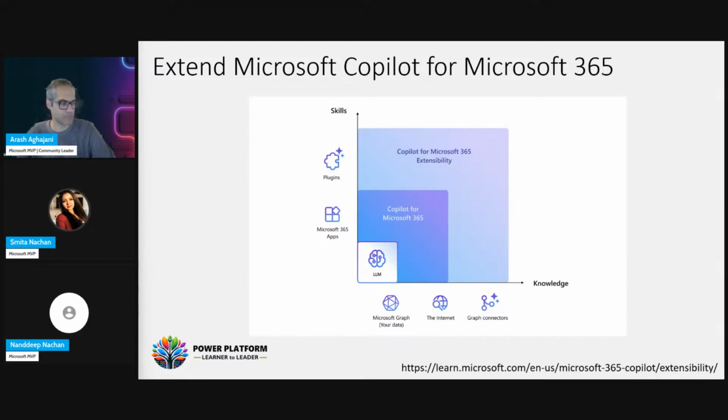It uses the information from your organization's files and messages to do these tasks. But most business tasks don't only use Microsoft 365. So with Copilot extensibility, you can add extra abilities and knowledge that fit your business. This makes it possible for Copilot to do even more amazing things for your organization.